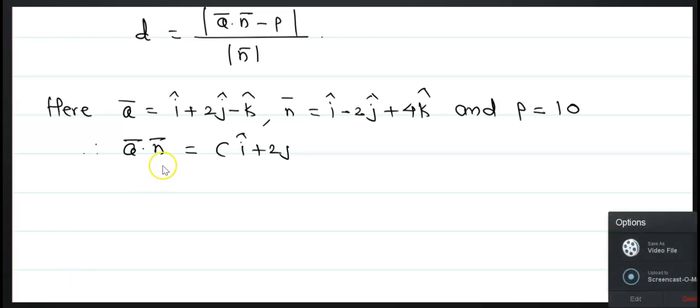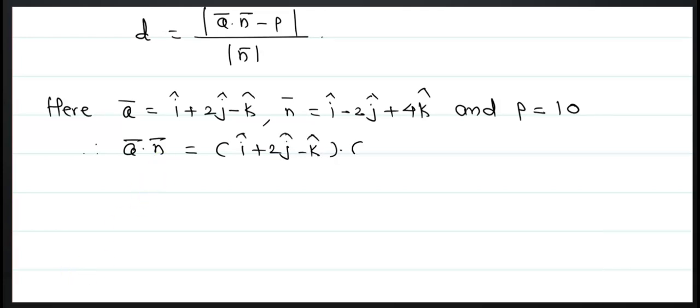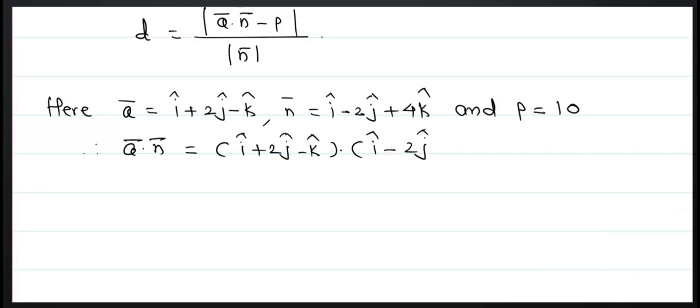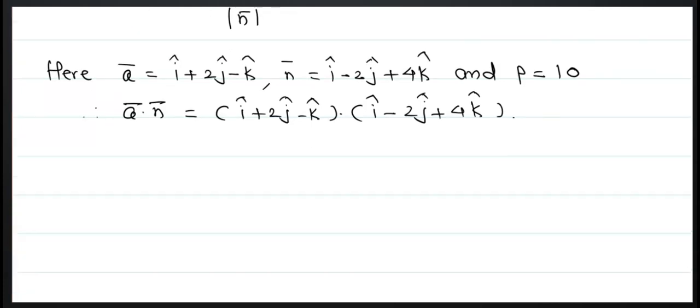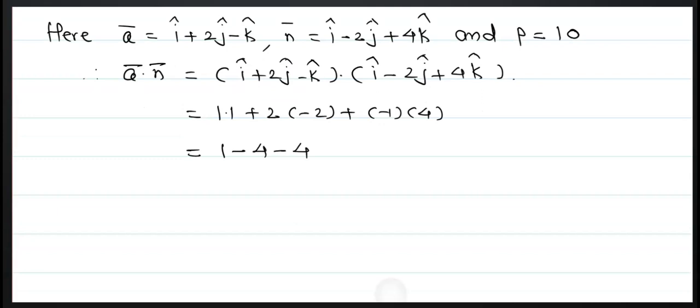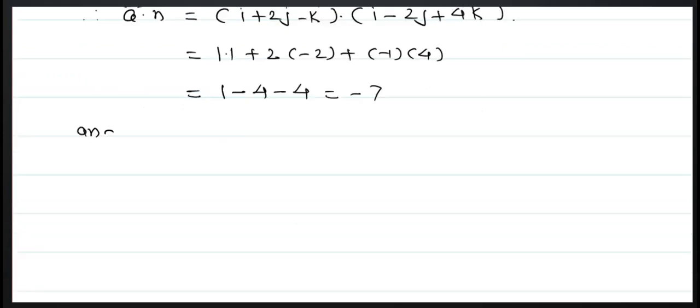a bar dot n bar equals (i plus 2j minus k) dot (i minus 2j plus 4k). From the dot product, 1 dot 1, 2 dot minus 2, plus minus 1 dot 4, that equals minus 7.